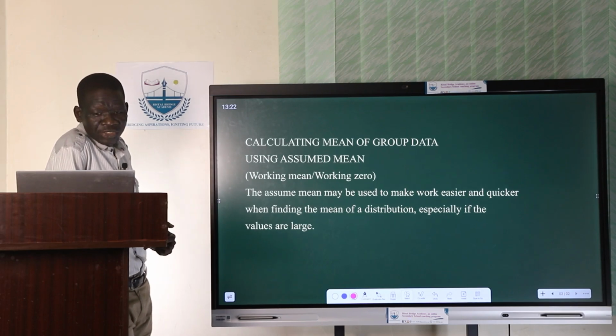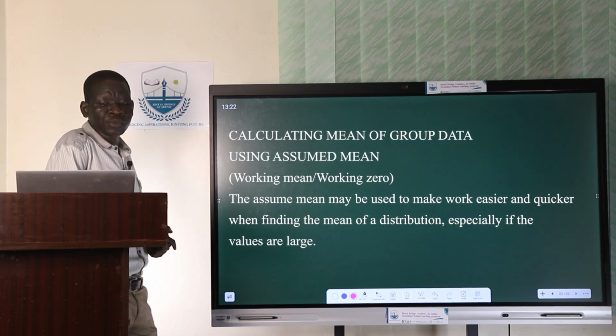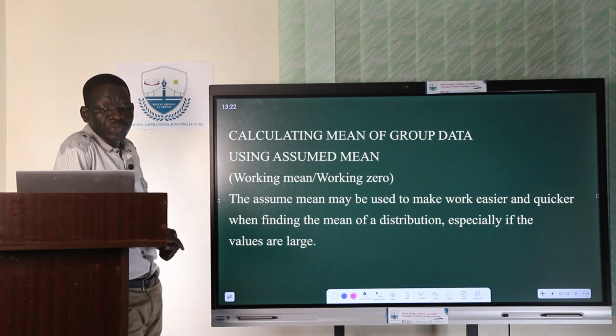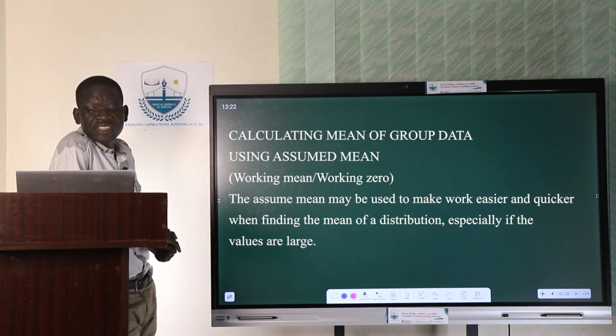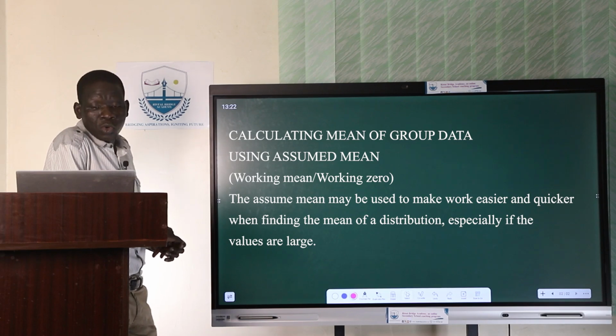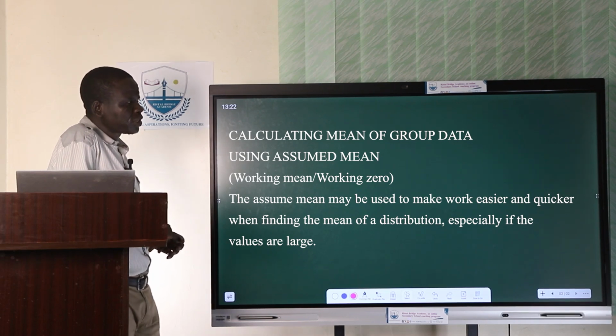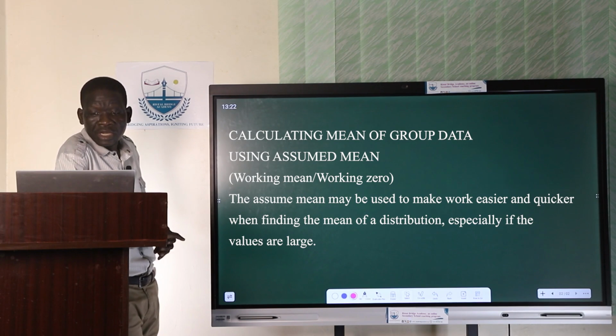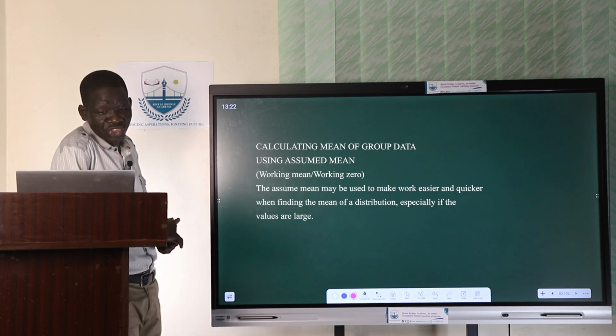In this case, we said that the assumed mean may be used to make the work easier and quicker when finding the mean of a distribution, especially when we are dealing with values which are very large.